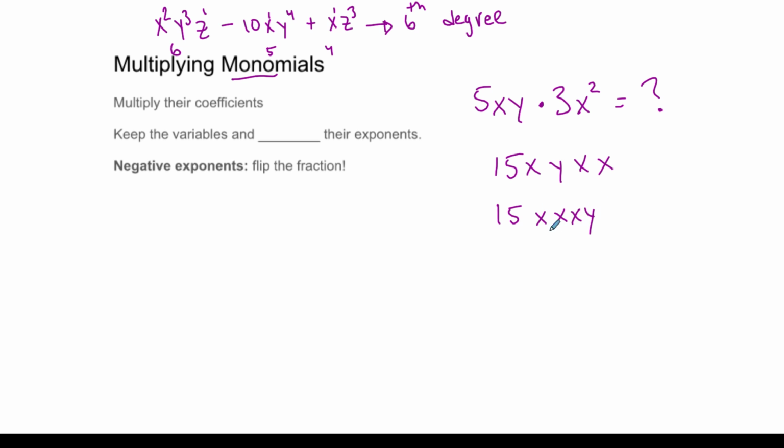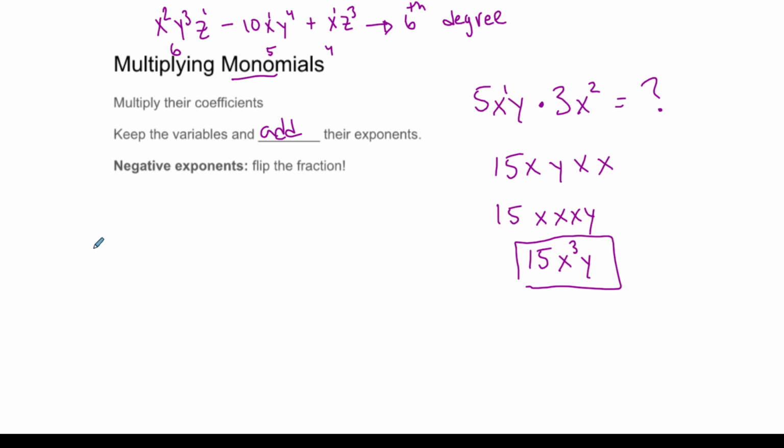How could I rewrite x times x times x? Well, I could rewrite that as x cubed. So 15x cubed y. Now, what's the shortcut here? Whenever we multiply these monomials together, we're going to keep their variables and we're going to add their exponents. So I had x to the 1 here and x squared here.